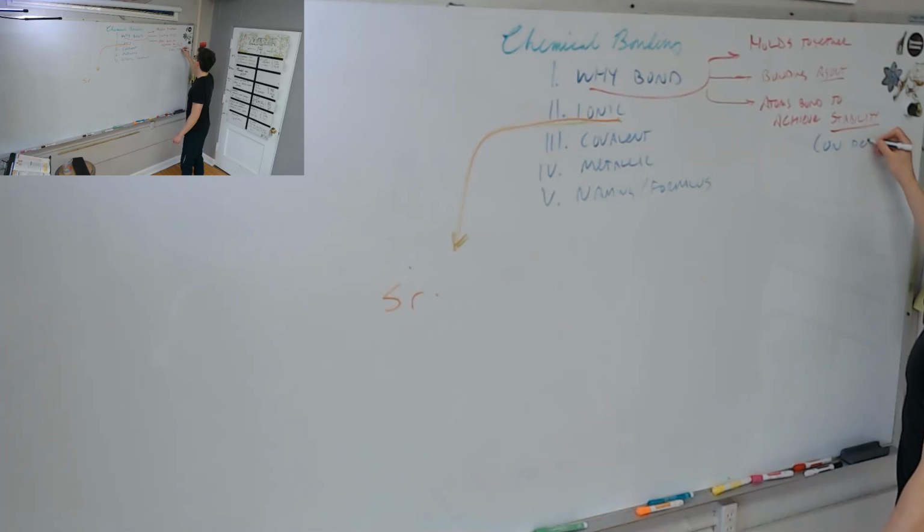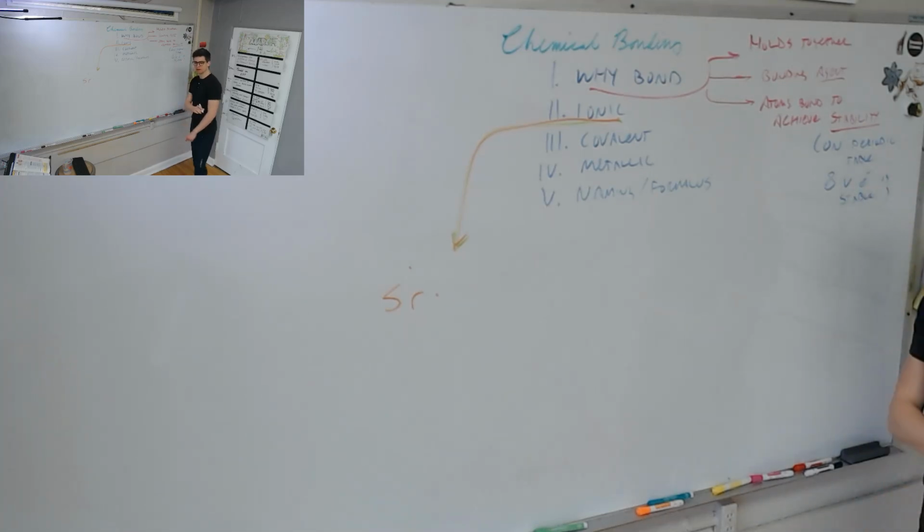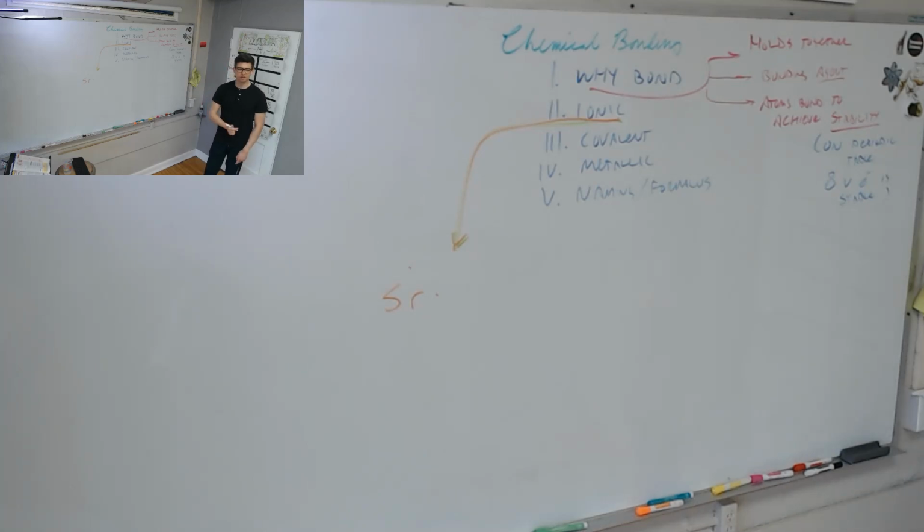On the periodic table, you can just write this underneath what you were already writing. 8 valence electrons is stable. For all of them? Yes. No. There are 2 exceptions, hydrogen and helium. For them, 2 valence electrons is stable. We don't really consider those exceptions to the octet rule.